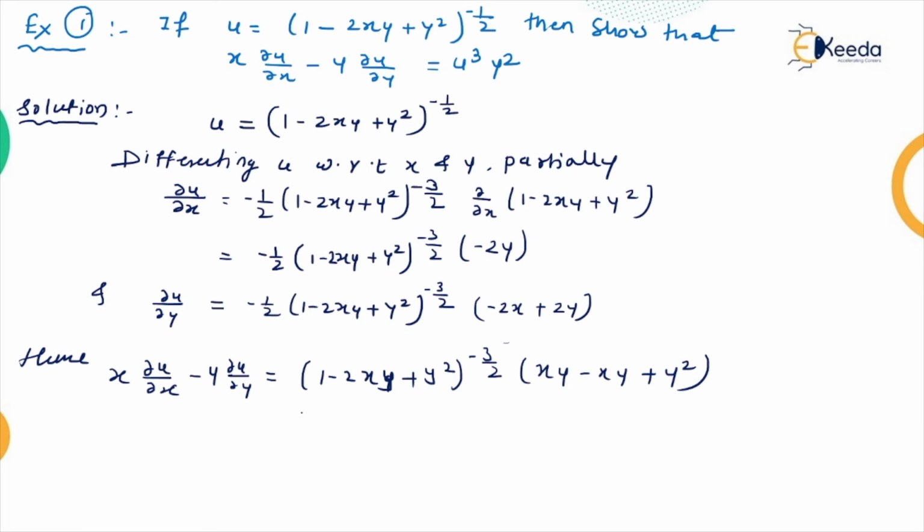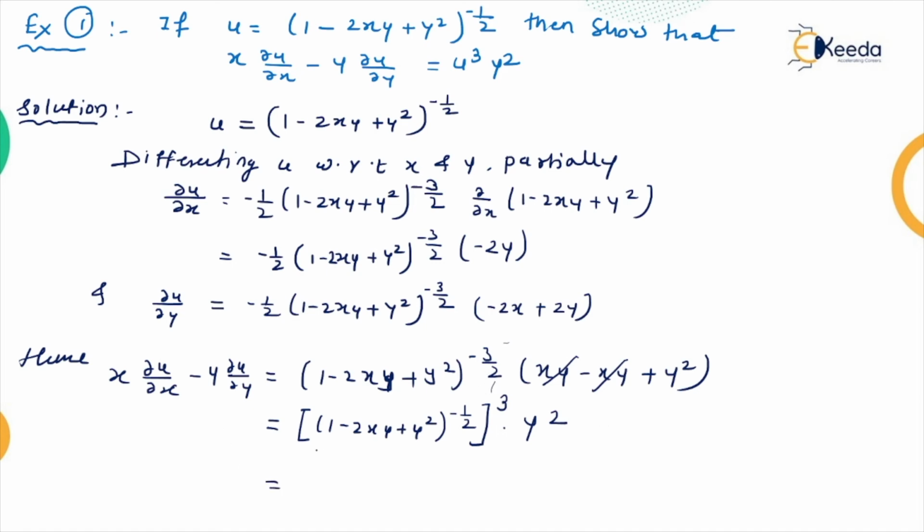Calculating again, xy cancels out here, xy cancels out here, and y² is remaining. So this is (1 − 2xy + y²) to the power minus 1 by 2, which we can take as a cube, times y². We have to just adjust this whole term, guys.